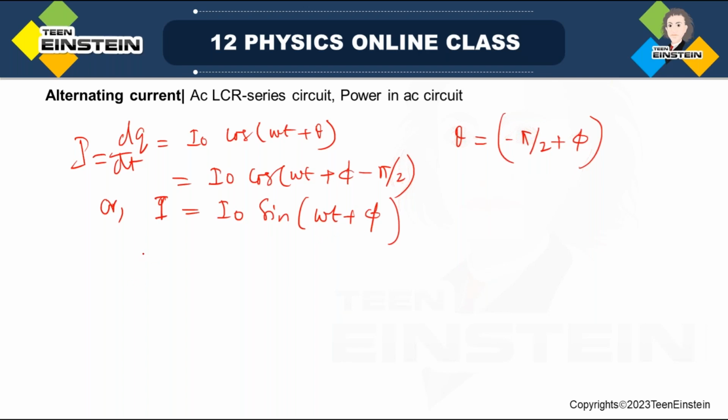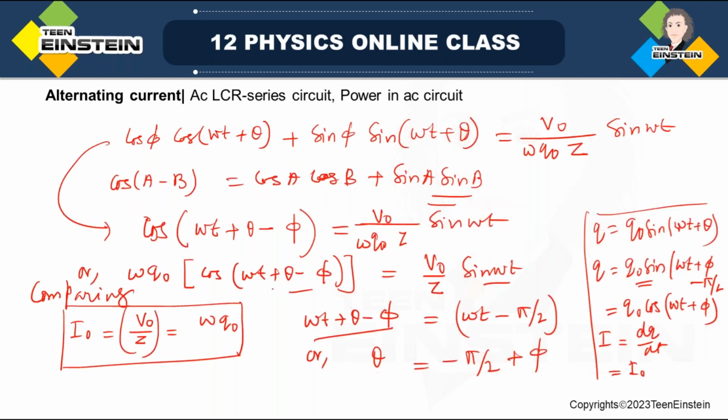So the current I is ahead of the applied V by pi phase.